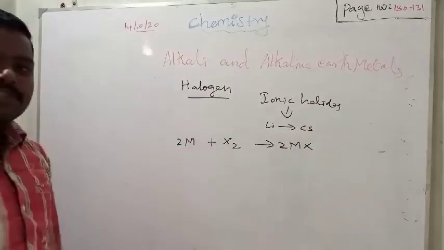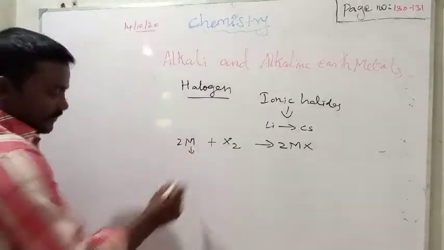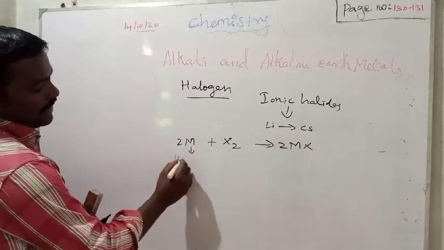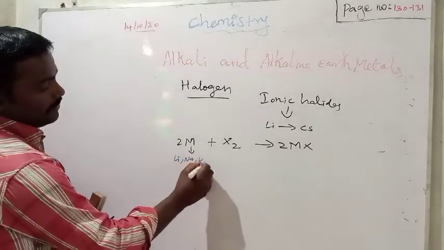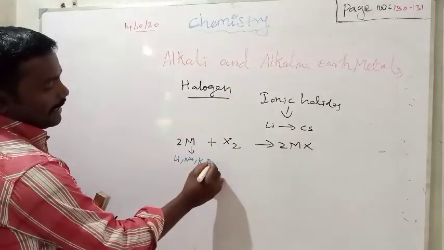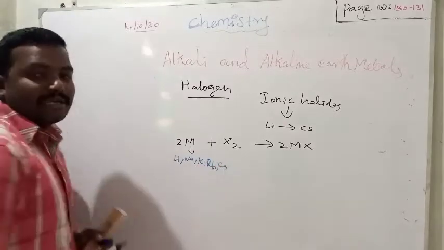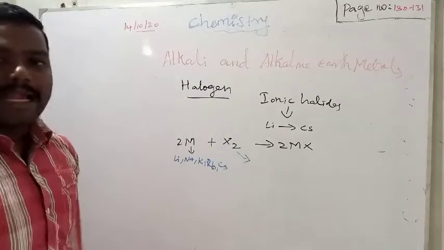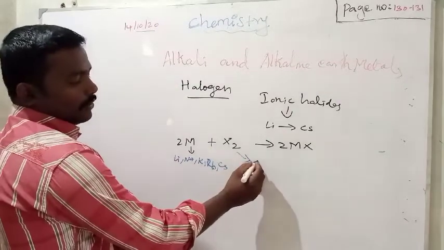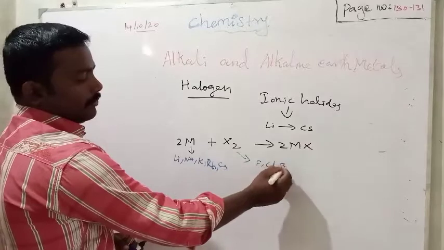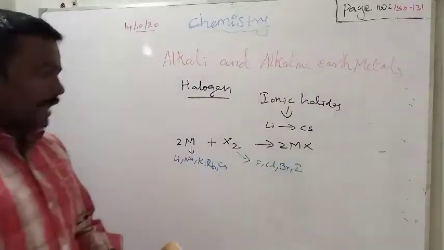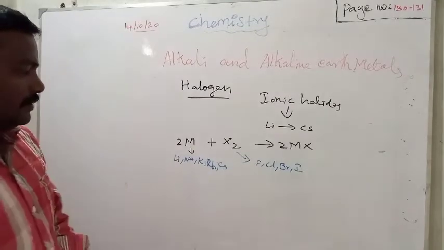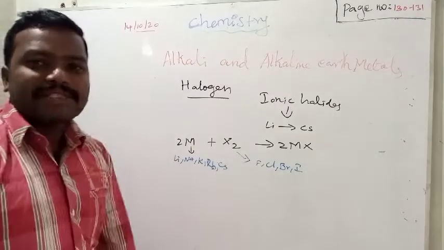What can you substitute for metals? Lithium, sodium, potassium, rubidium and cesium. Francium usually is not used because it is radioactive. And halogens are fluorine, chlorine, bromine and iodine. Here one important thing we have to learn. First we will write one example.